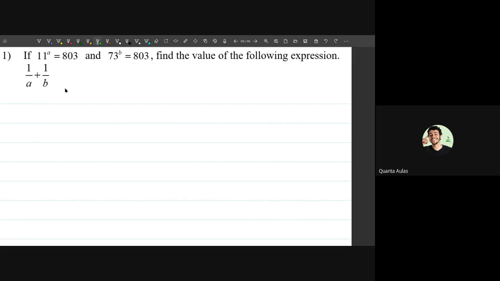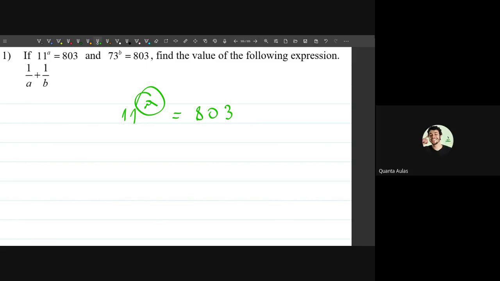Okay, we have these two things and this sum, so we need to know the value of A and B, of course. But let's take the value A. I suppose the only way to do this is using logs. For example, we have 11 to the power of A equals 803. Well, we want this thing here. This thing is in the exponent of 11.